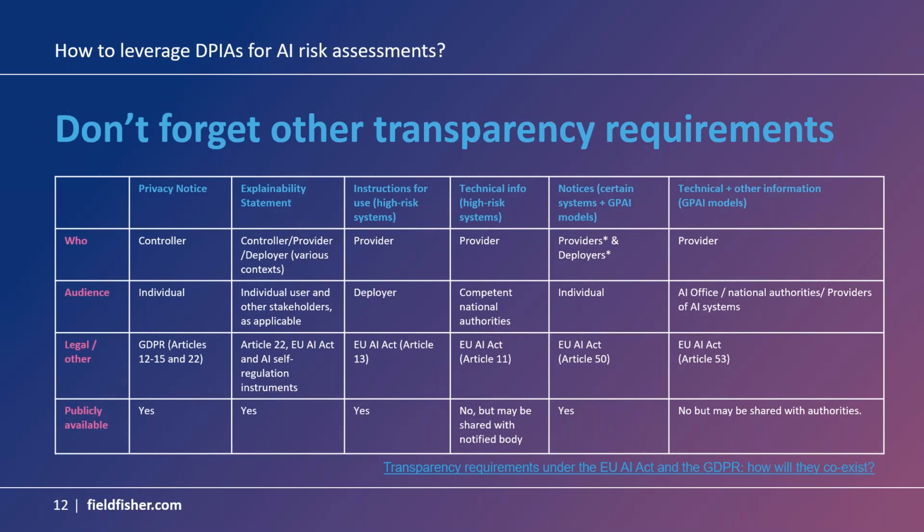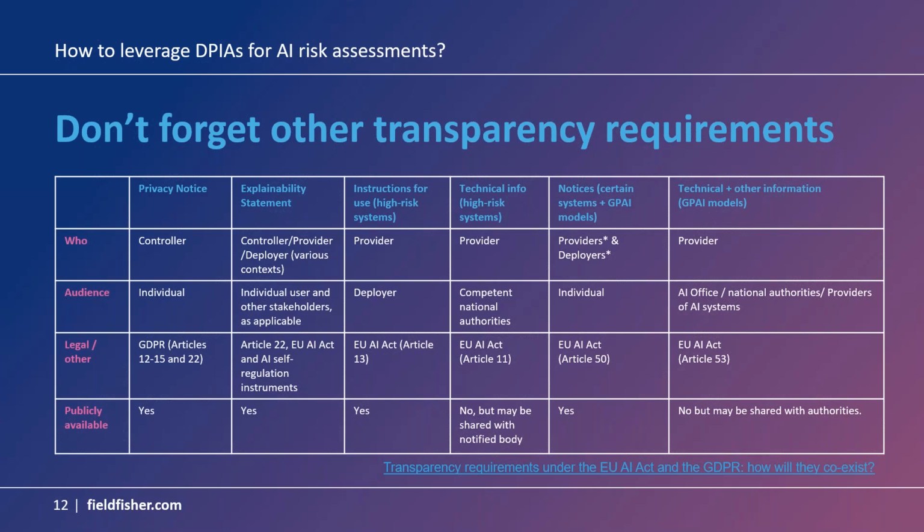The explainability statement, who's responsible for that might vary. It could be the controller, the provider, or the deployer, depending on the relevant context. The audience will be the individual user, or it might be other stakeholders, again, depending on the context as applicable.